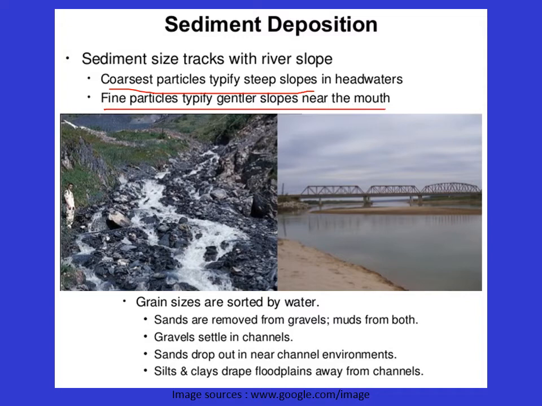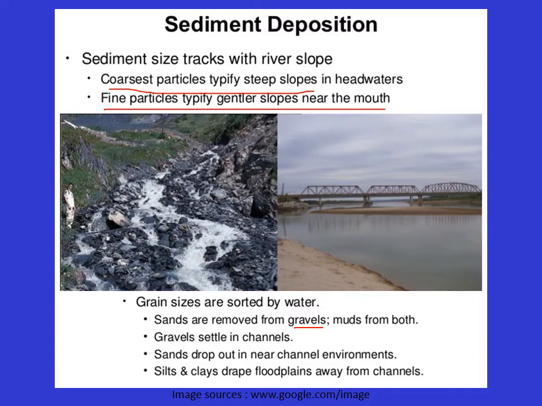Thereby grain sizes are sorted by water. Near the source we mainly find gravel size particles along with some mud, which are basically trapped within the pore spaces of gravels.